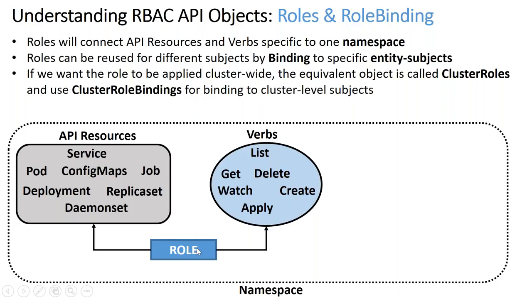So if I'm creating a developer role, I have to define that I'm creating a role called developer that will be applied only to pod, just as an example, or service. And here I will say only get. That means if you are using this role called developer, you will be able to run the get command against a pod and service.